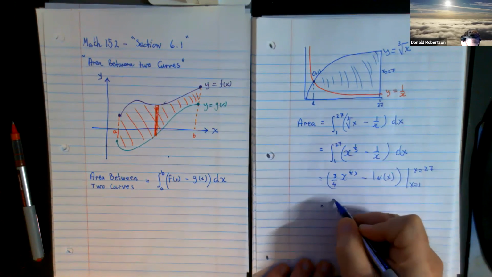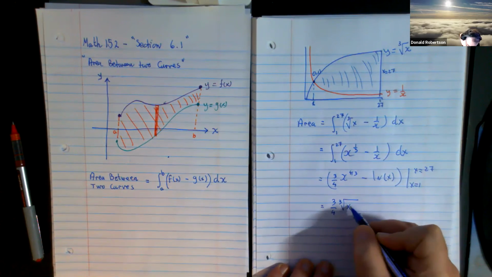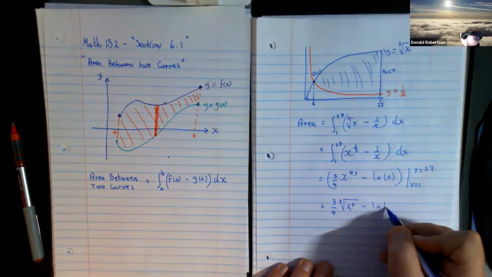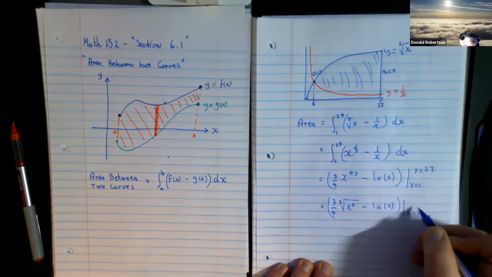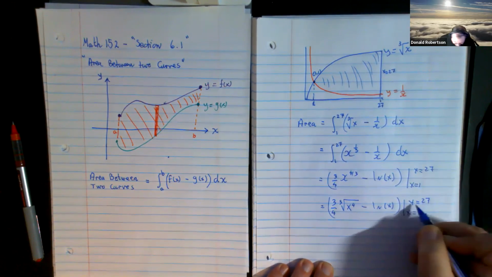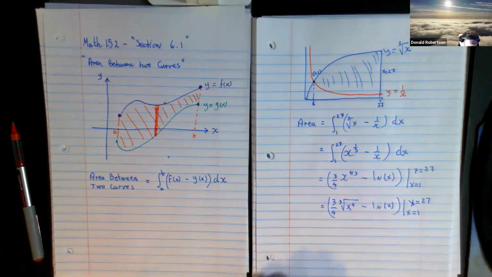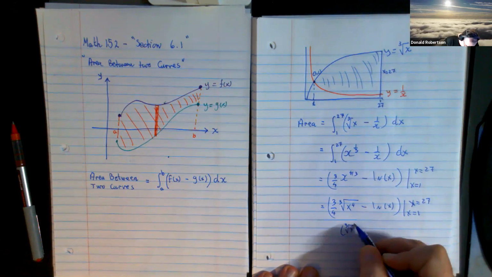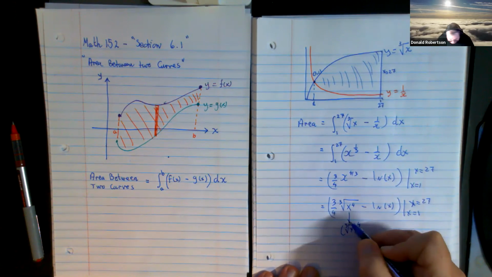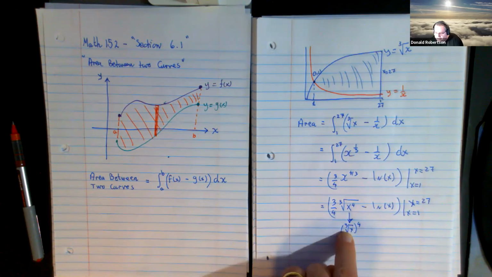I wouldn't quite do that yet. I would write it like that. In fact, I might not even write it like that. I would do that instead, because that's a little bit easier to calculate with big numbers.